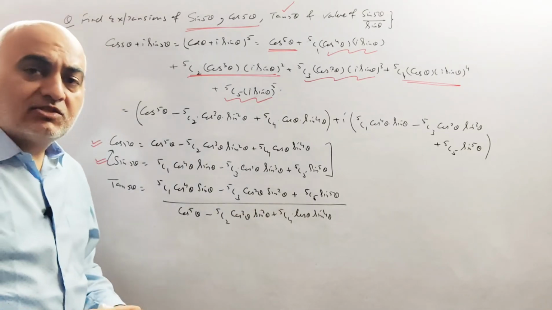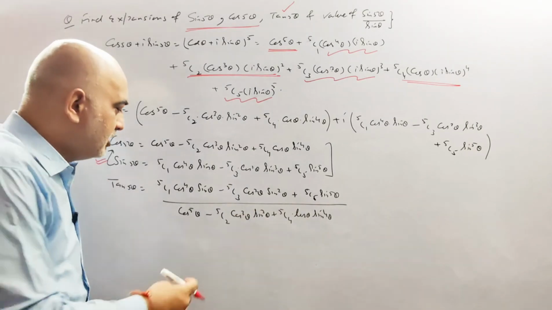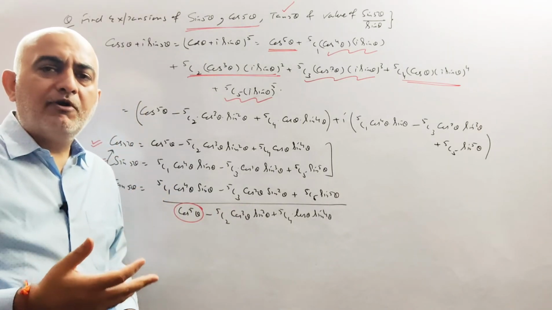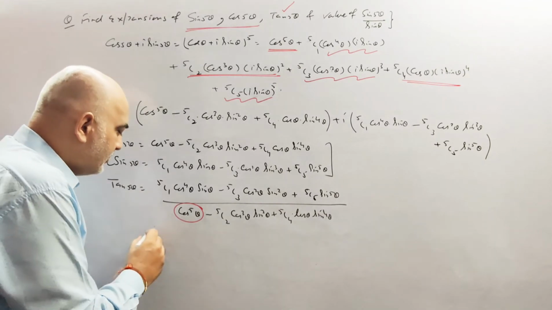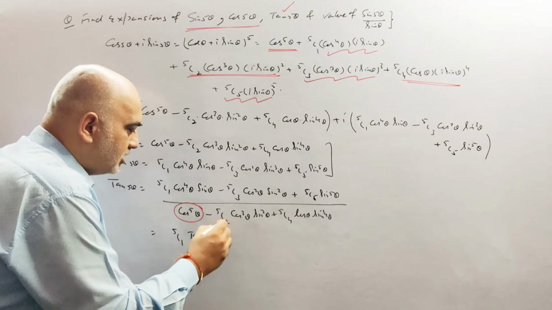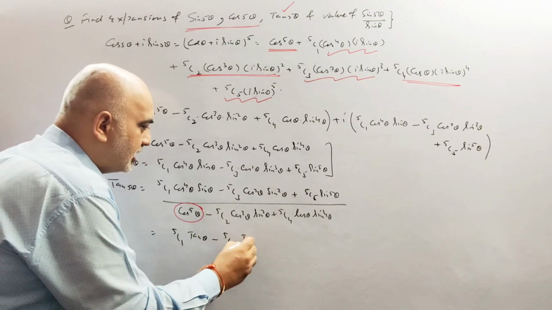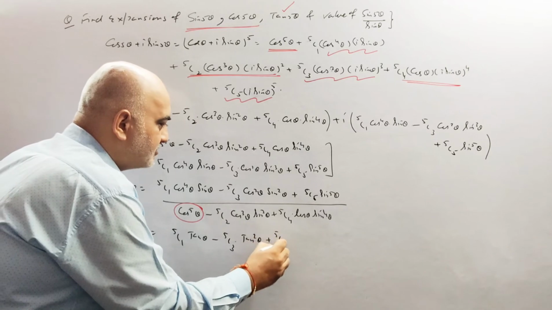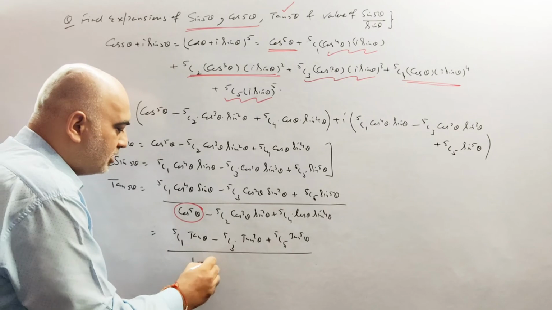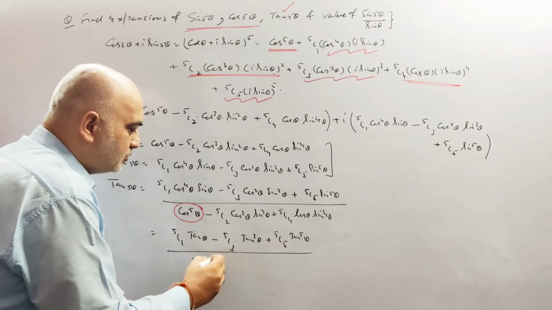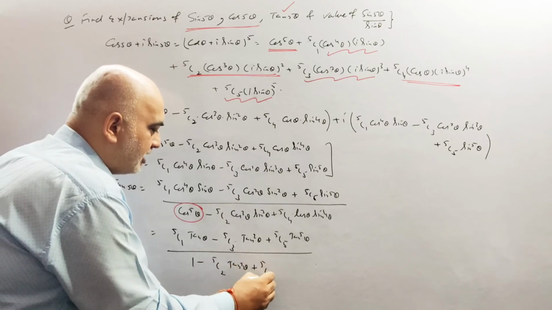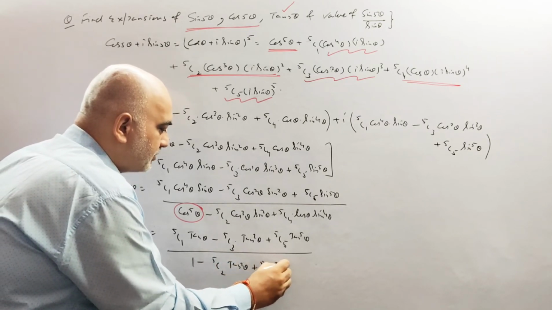Whenever you divide this whole expression, numerator and denominator, by cos raised to the power 5 theta, what will happen? 5c1 becomes tangent of theta, minus 5c3 tangent cube theta, plus 5c5 tangent to the power 5 theta, and in the denominator we have 1, minus 5c2 tan square theta plus 5c4 tangent to the power 4 theta.